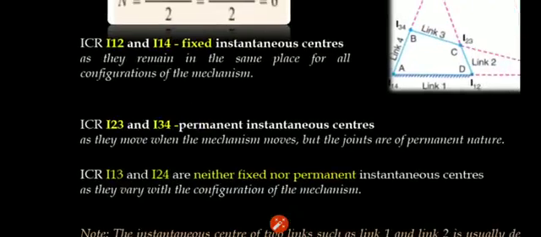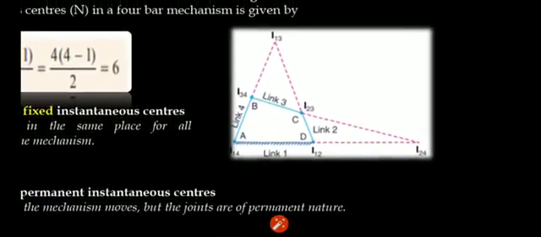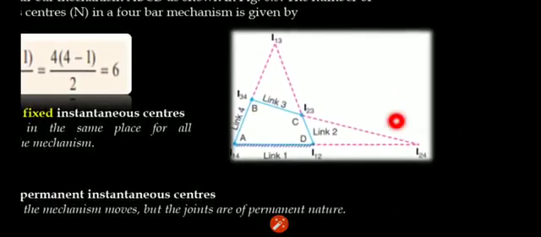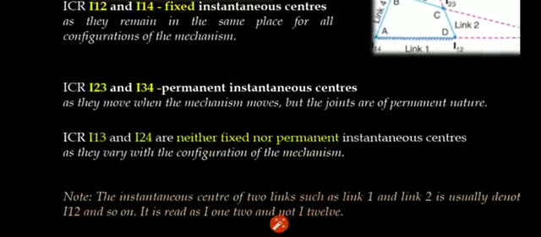The remaining two are I24 and I13. The instantaneous centers which are neither fixed nor permanent are called neither fixed nor permanent instantaneous centers. So the remaining ones are of this type, and they can be located by Kennedy's theorem.